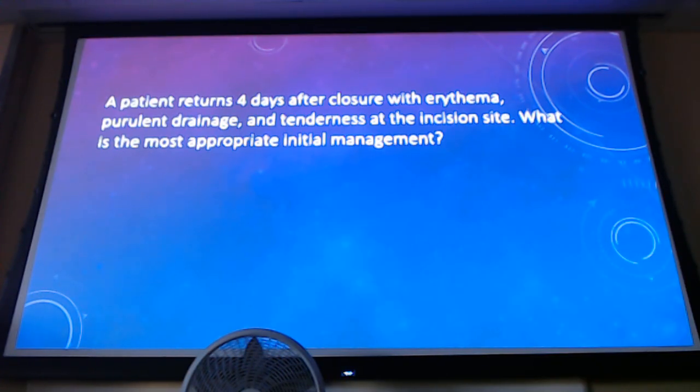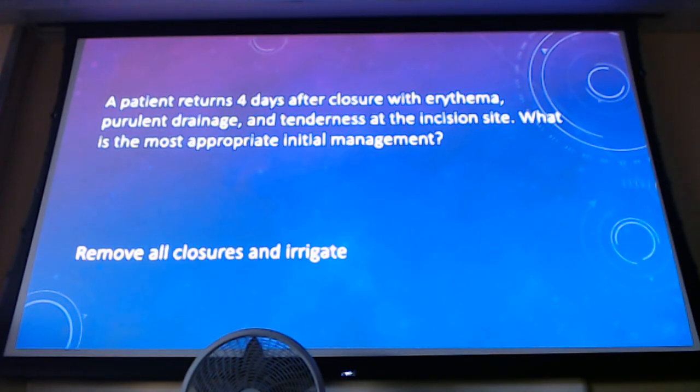If it's big enough, you may need to pack. Okay? Remove all closures, irrigate. When do you want to do antibiotics? Systemic symptoms? Nope. So if this patient, you take out the sutures, have you gotten source control? Well, yes.